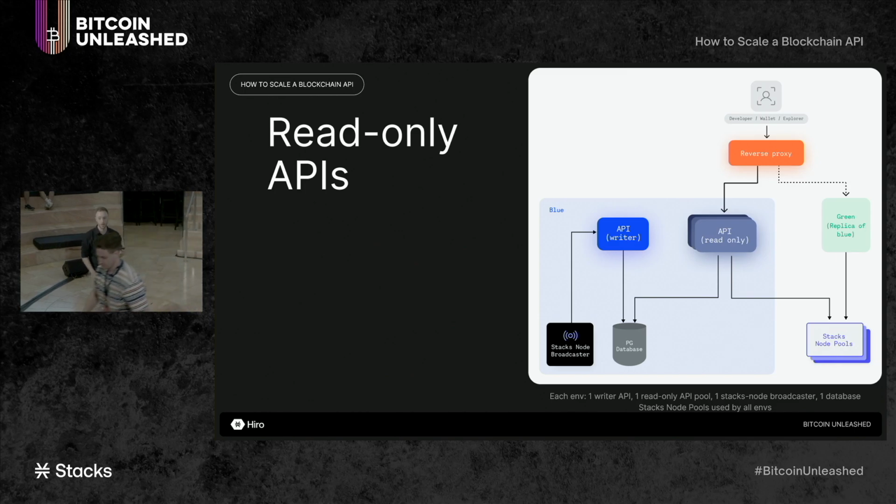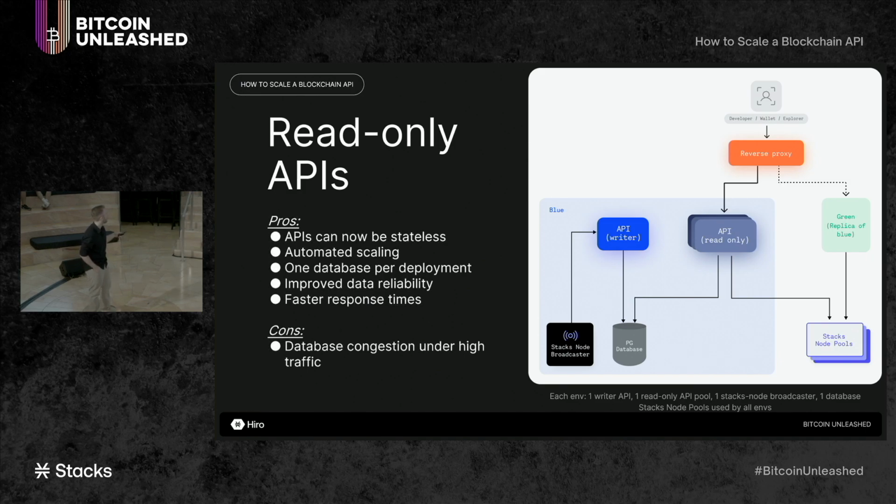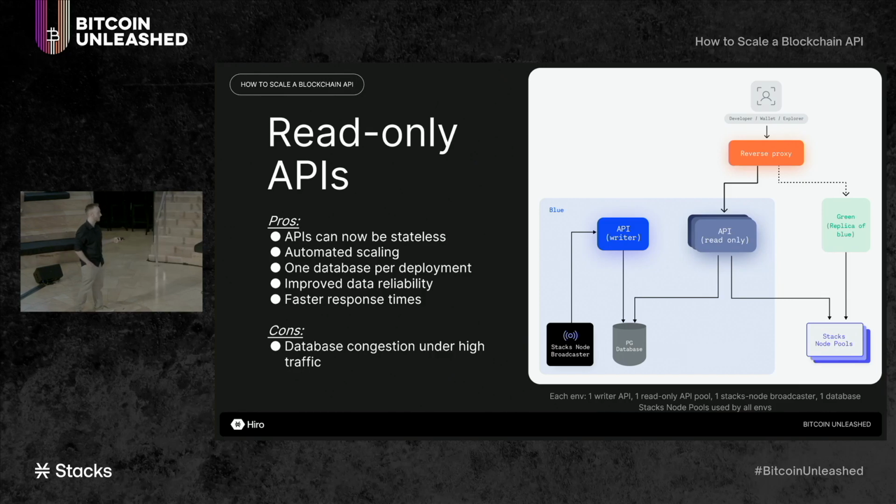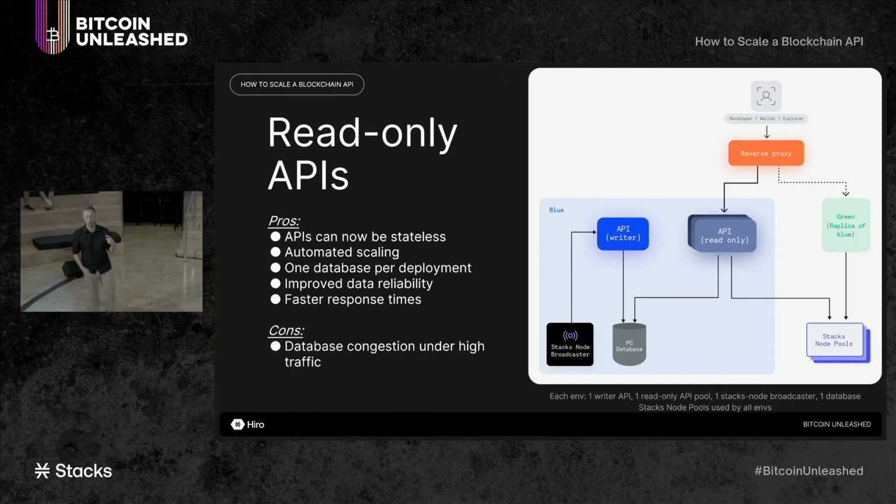As many as you want can be deployed because they're all reading from the same database. So this allowed us to have automated scaling at Hiro that could respond to traffic. As traffic increased, the number of APIs that we're hosting would automatically increase as well.